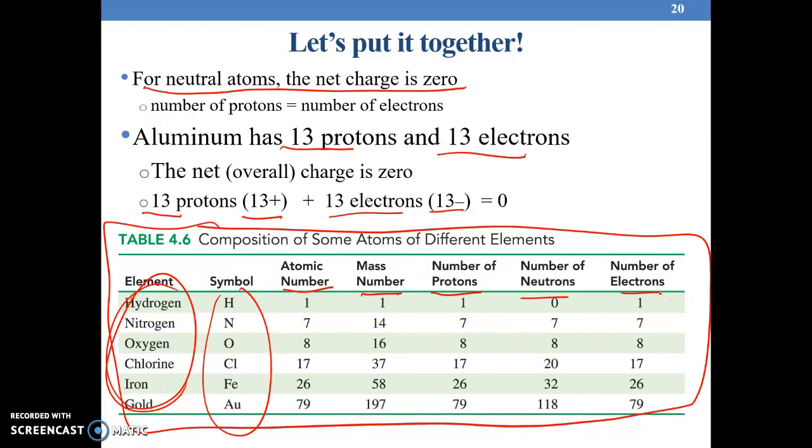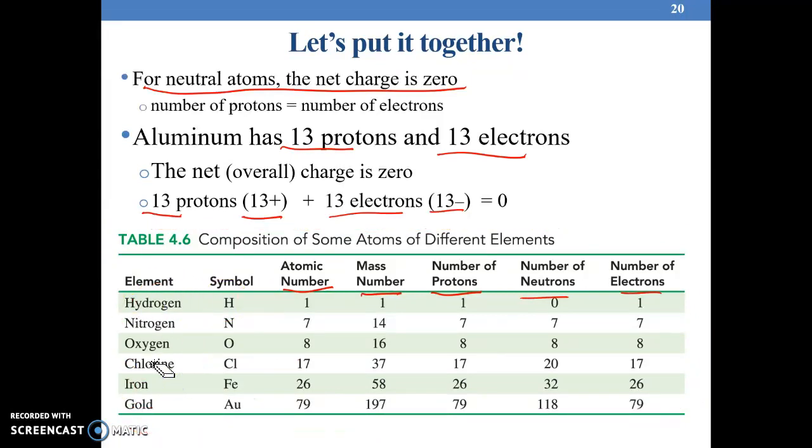So here you have 6 examples ready to go for you to look at, because what's going to happen on the exam is I'll take a table just like this, but I'll delete half of the numbers, and you need to fill in the blanks. And it's not all like iron is just 26 all the way across.